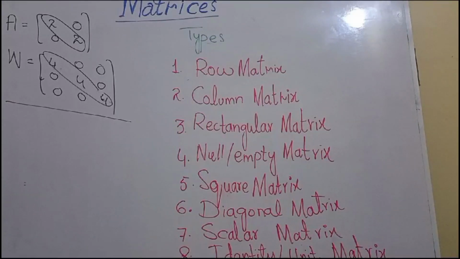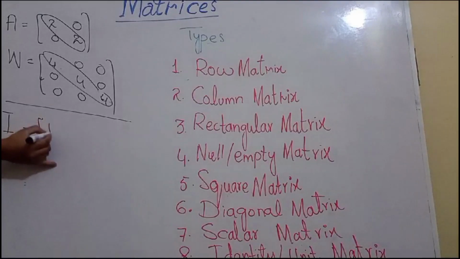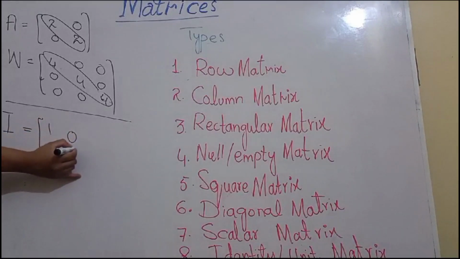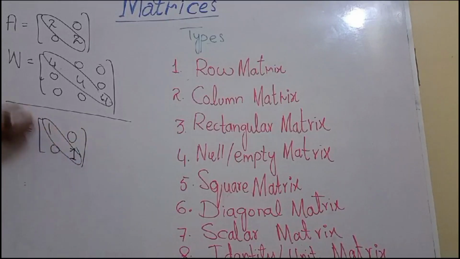An identity or unit matrix is always represented by capital I. Whatever the order, the matrix contains only 1 on its diagonal and the rest of the numbers are 0. For example, I write an example of 2 cross 2, 1, 0, 0, 1. So here 1 is on the diagonal and the other numbers are 0.